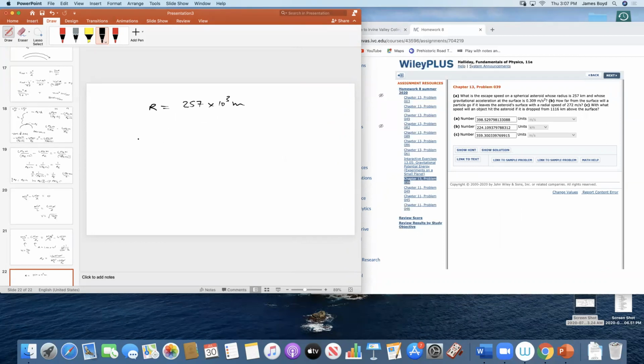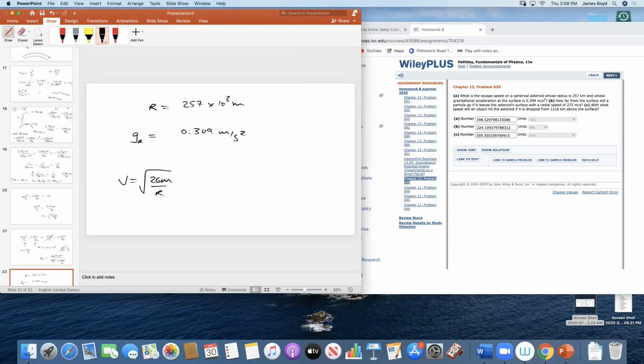And the gravitational acceleration on the surface, g on r, is 0.309 meters per second squared. Now, we want the escape speed. And what we know is that this is 2GM over r. And we have r, but we don't have M.